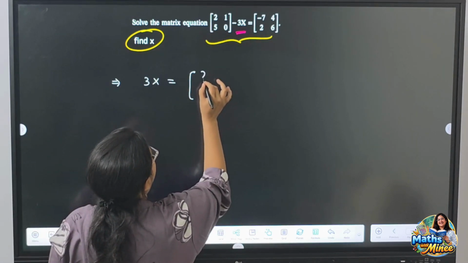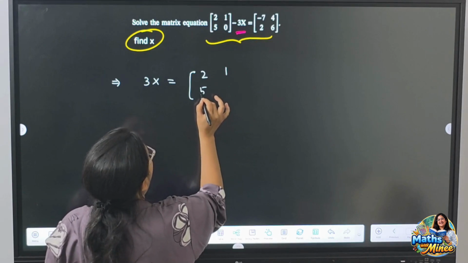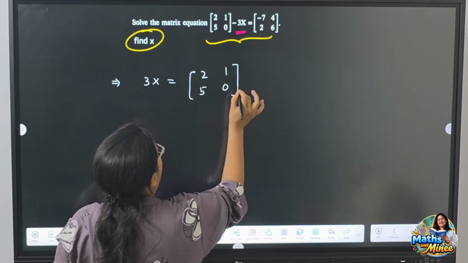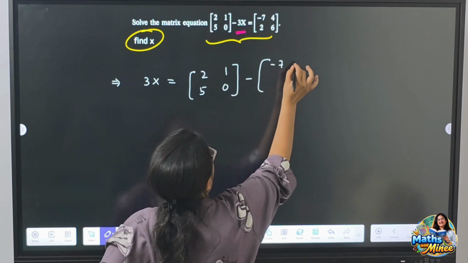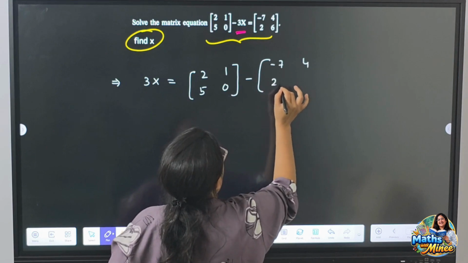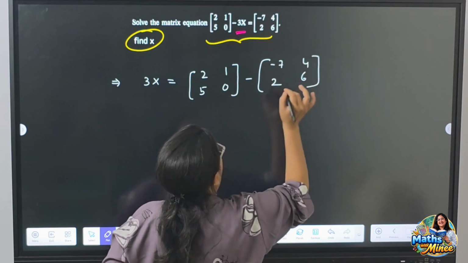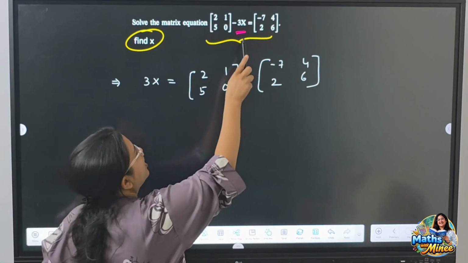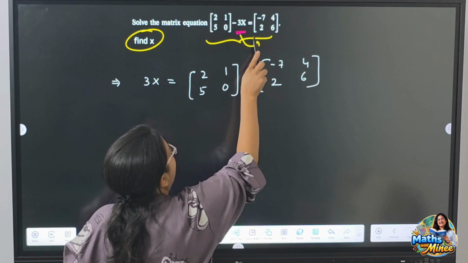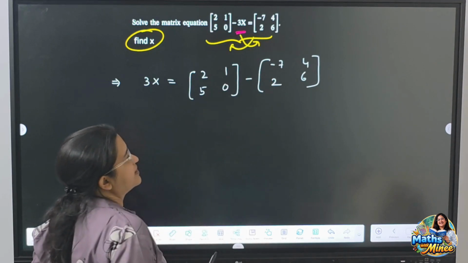The matrix 2, 1, 5, 0. I'll subtract the matrix minus 7, 4, 2 and 6. I have just moved the x over to this side, and the matrices over this side.